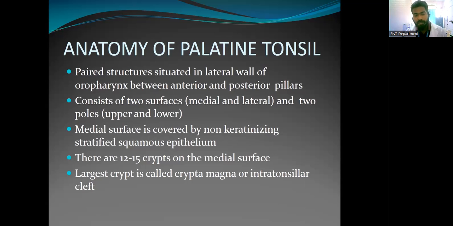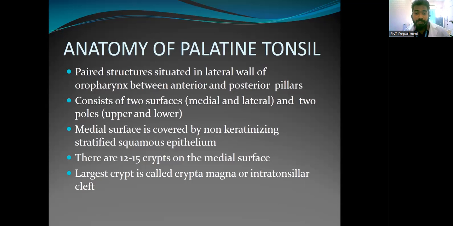So tonsils are situated between the two pillars. The tonsil has two surfaces, the medial and the lateral surface, and two poles, the upper pole and the lower pole.